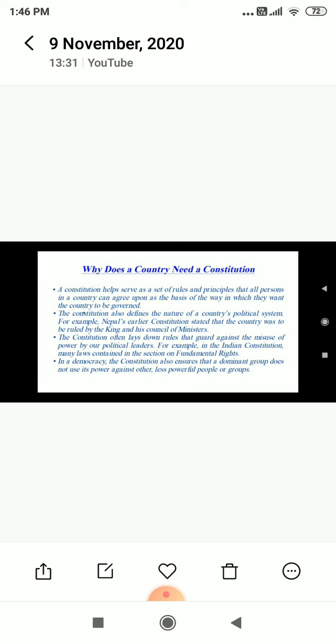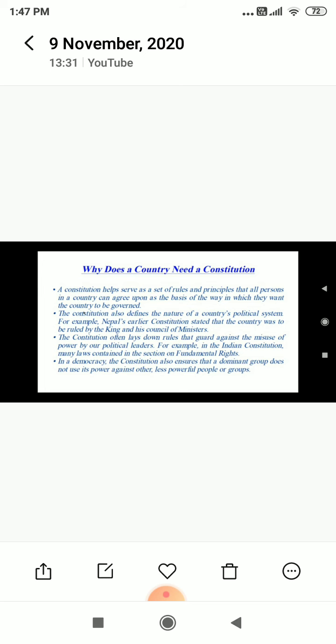I had given you the example of India. Now here is the example of Nepal. Nepal's earlier constitution stated that the country was to be ruled by the king and his council of ministers. That is why their old constitution was like that. There, who is the most powerful person in Nepal? The king, and after that his council of ministers.